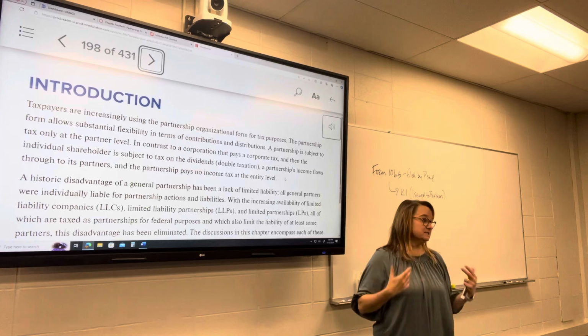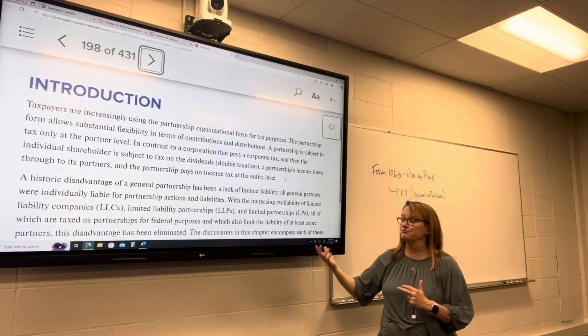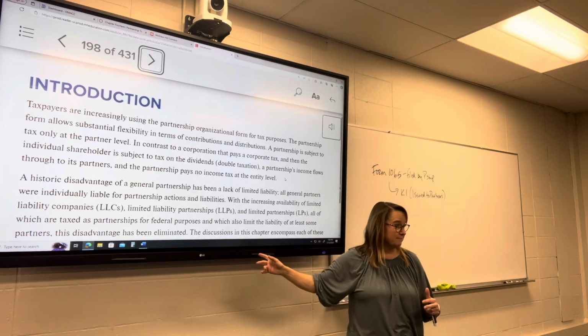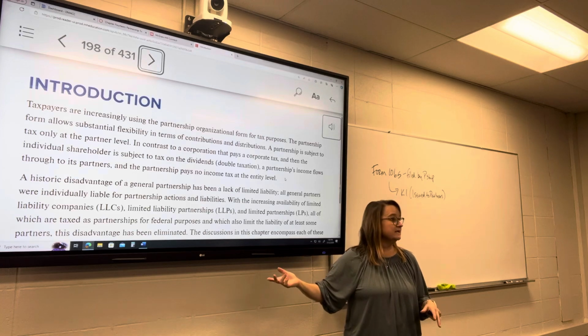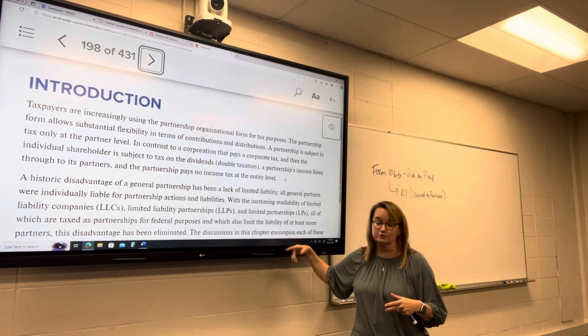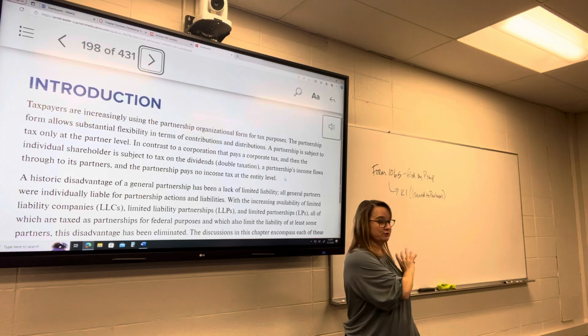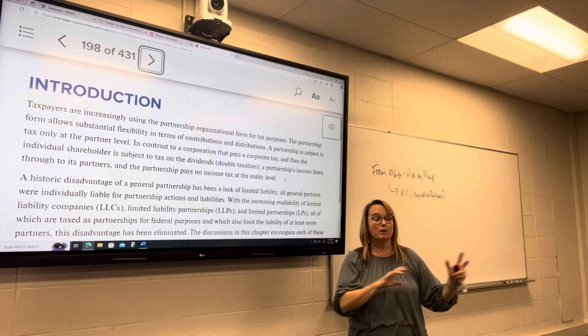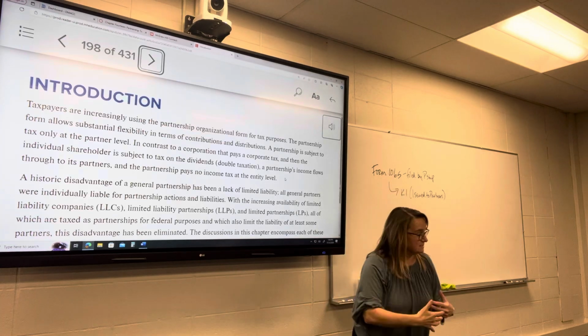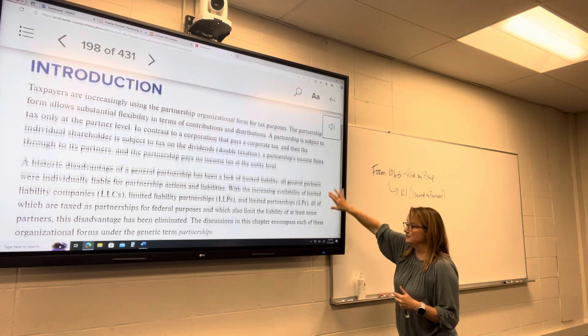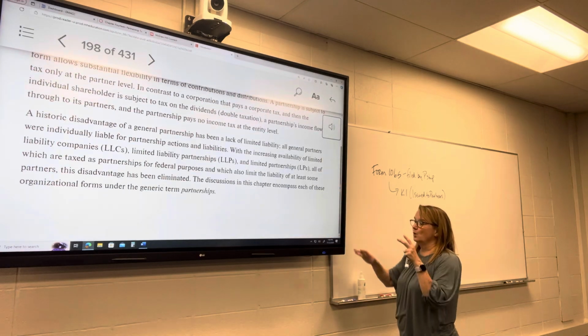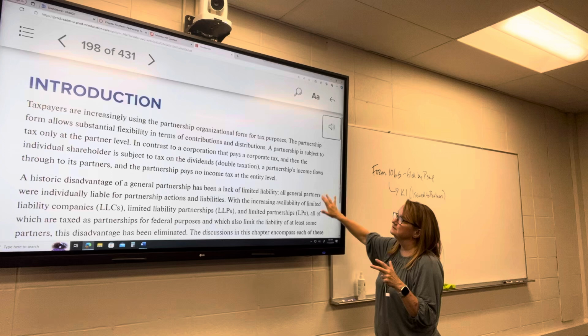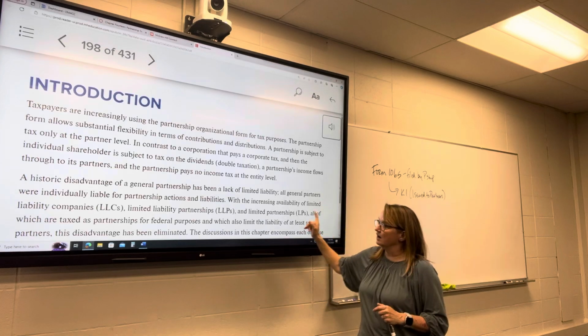Now, the states have sort of corrected this by forming limited liability companies. Limited liability companies and limited liability partnerships can still use the partnership tax form, but it creates that layer of liability protection. But that is one of the disadvantages of partnerships.